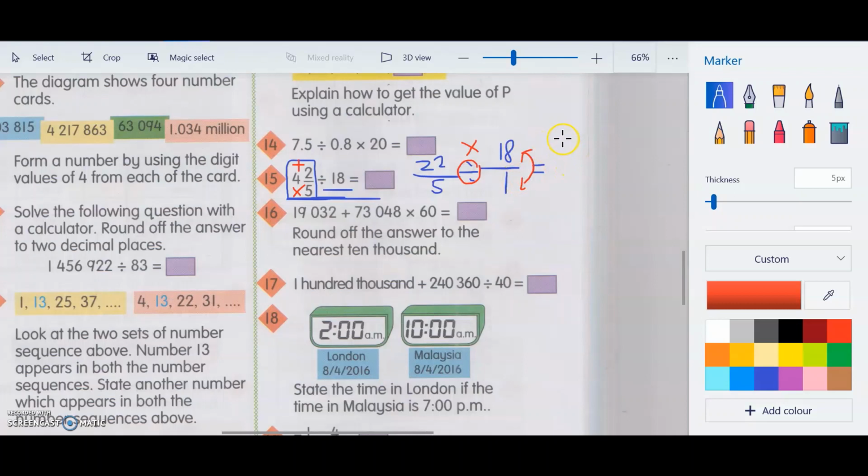So 18 over 1 becomes 1 over 18. Then we can times. So it's 22 over 5 times 1 over 18. We can cross simplify: divide 2, becomes 11, divide 2, becomes 9. So your answer, 11 times 1 is 11, 5 times 9 is 45.